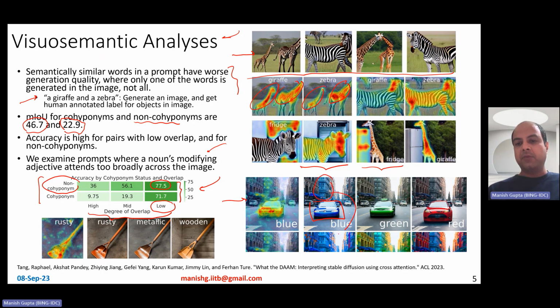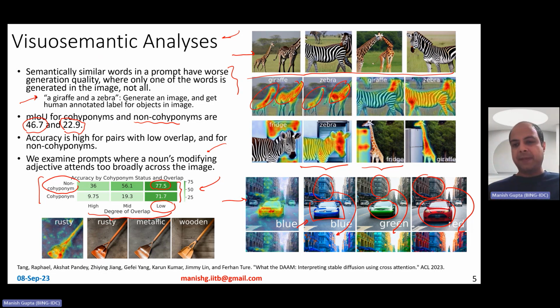This is a zoomed in version of the surroundings, a green zoomed in version, a red zoomed in version. It's also a highly saturated version, so as to show that not just the car gets blue, but also the surroundings become blue. So the color overflows to the surroundings as well.